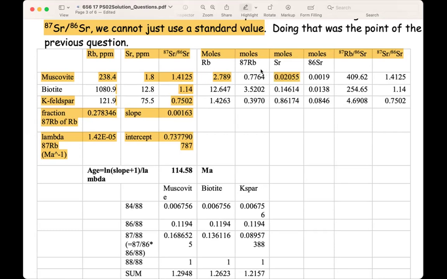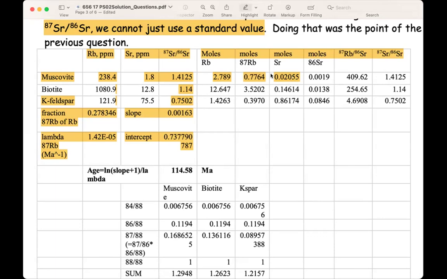And then the number of moles of 87 rubidium. How can you get that? Once you have the number of rubidium moles, by dividing the rubidium ppm amount by the molecular weight, you can multiply it by the abundance of 87 rubidium, and you get this 0.77 something, right?